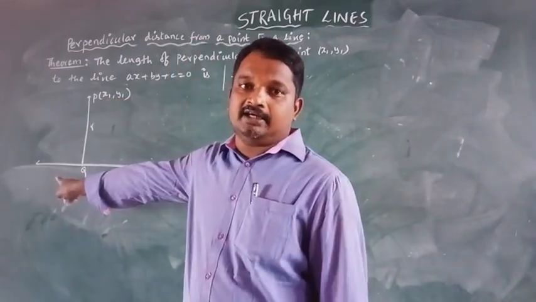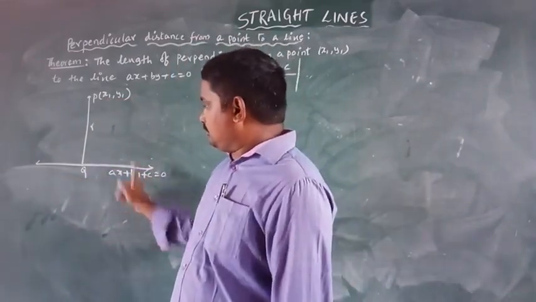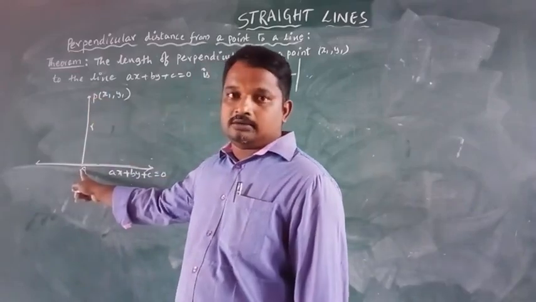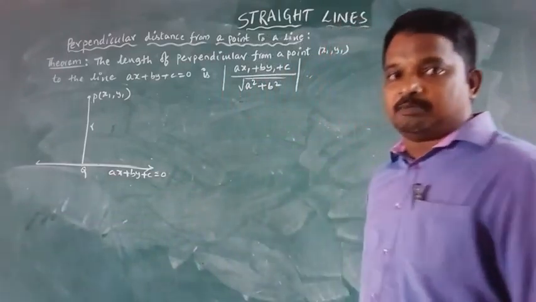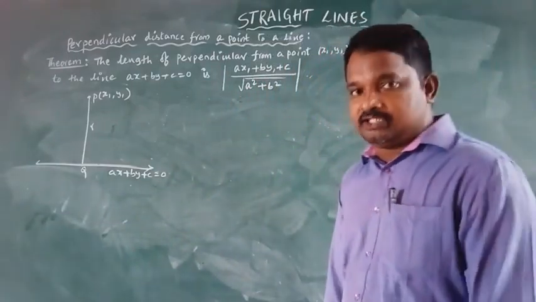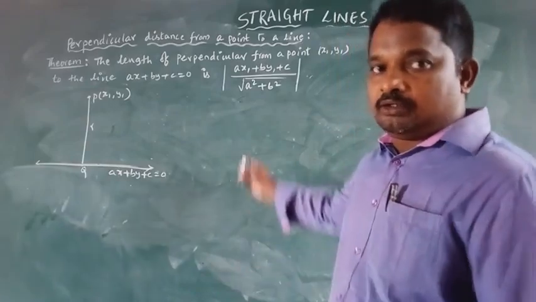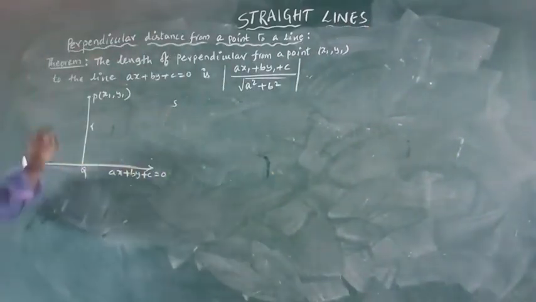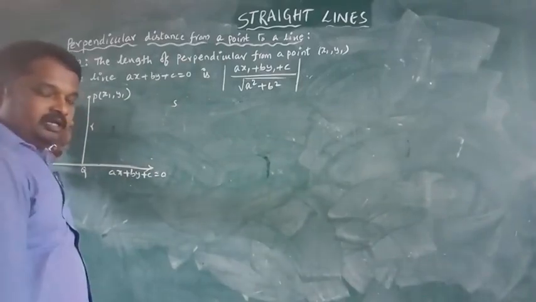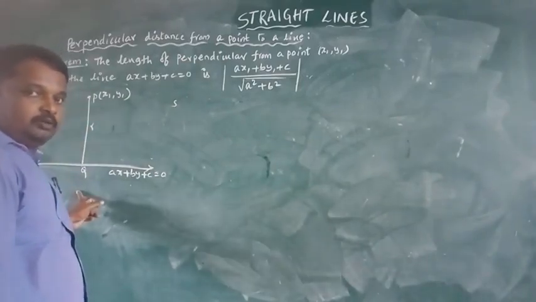So it intersects the line at Q. PQ is perpendicular to the line ax + by + c = 0. Now previously we know the symmetric form. From the symmetric form we may get the Q value.